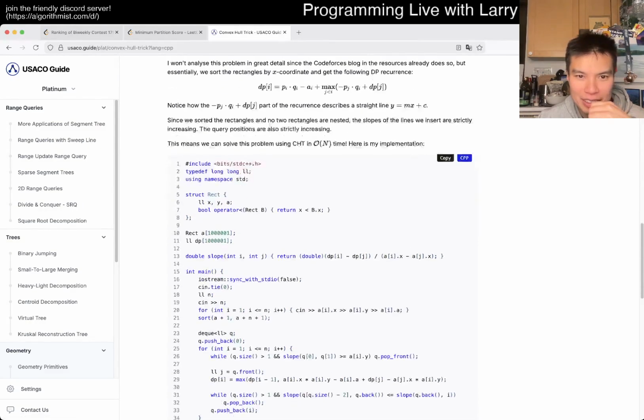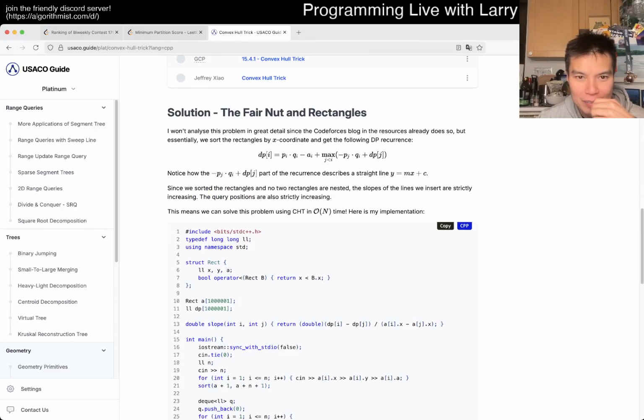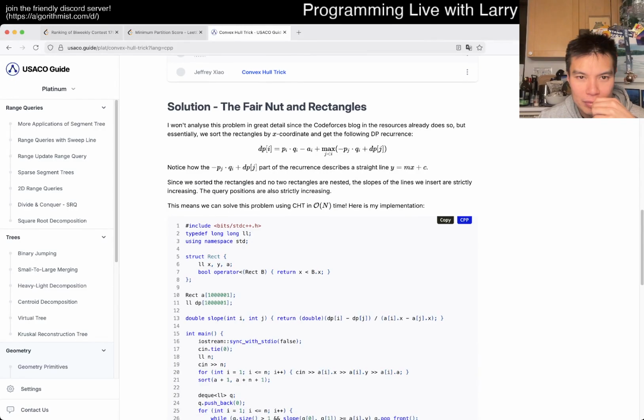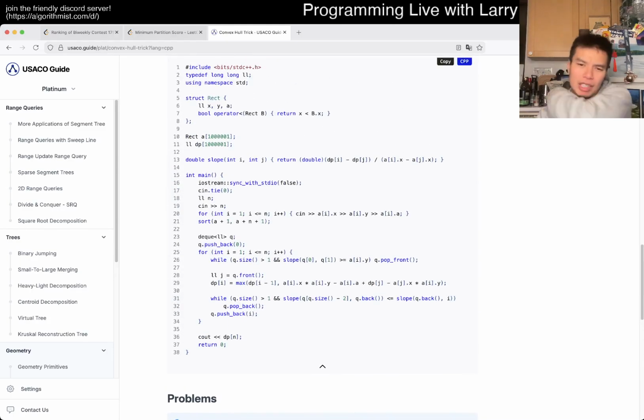But this is solving another problem, and not really. I don't remember how to write this though. This is like sorting the slope.